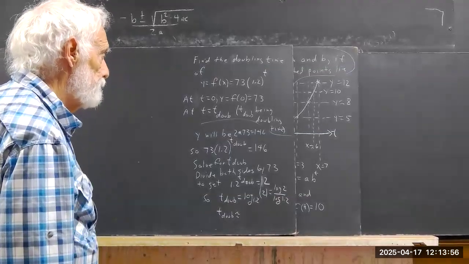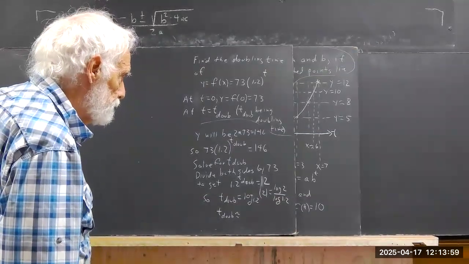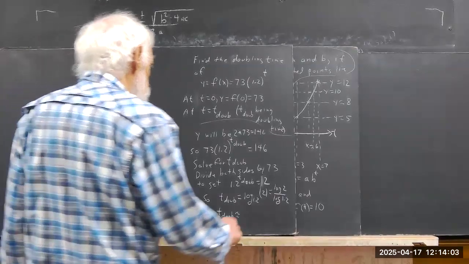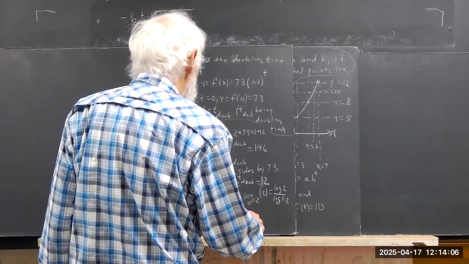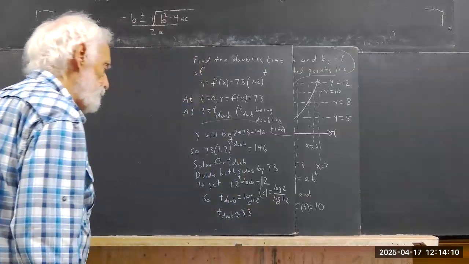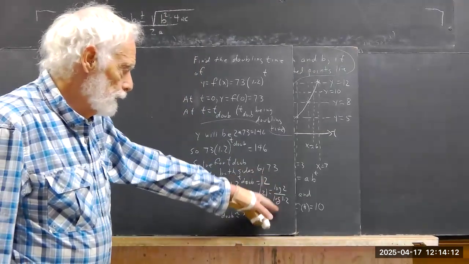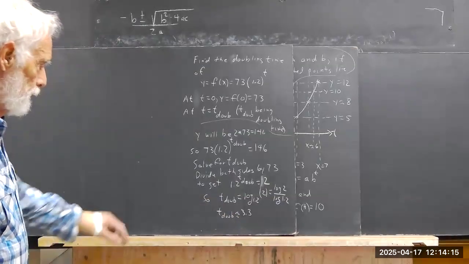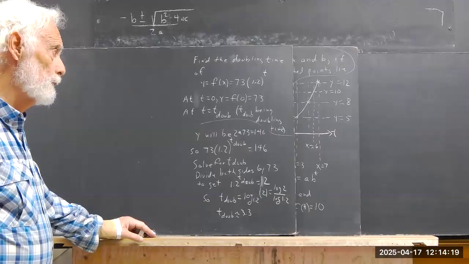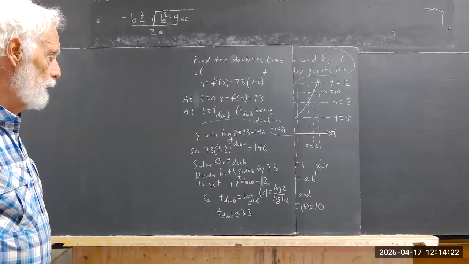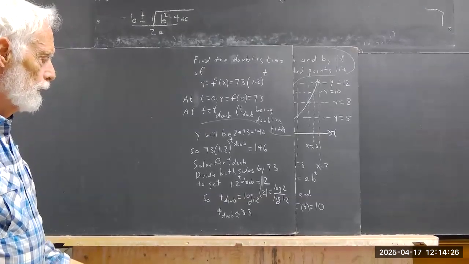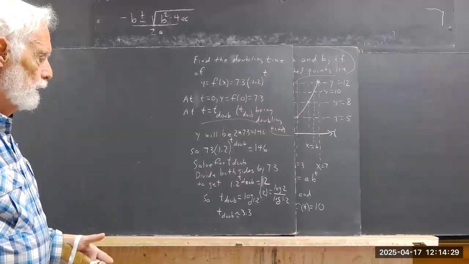So t dub is approximately 3.2 or 3.3. If you plug that into your calculator, I think you'll end up with... oh, wait a minute, 1.2 to the fourth, 1.2 cubed.